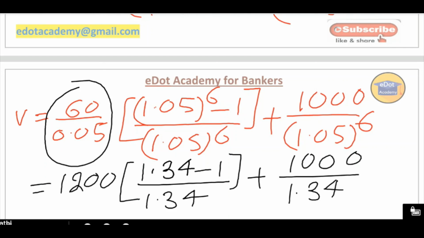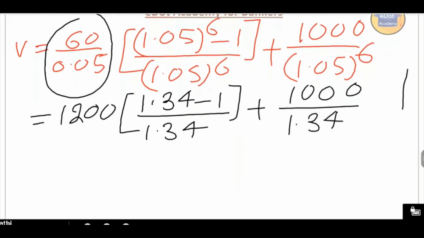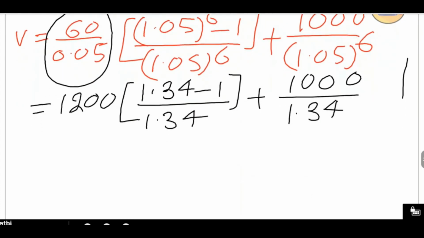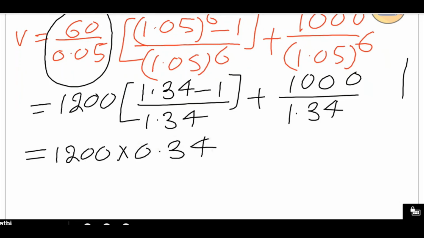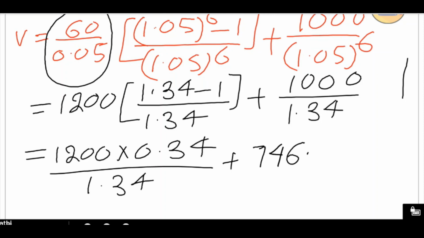Now calculate all these values. We get 1200 into 0.34 divided by 1.34, plus 1000 divided by 1.34. The second part is 746.27. Now calculate the first part also using the calculator.